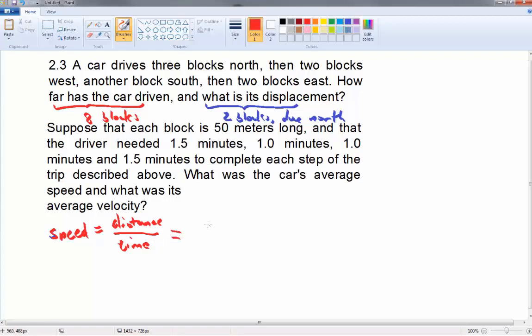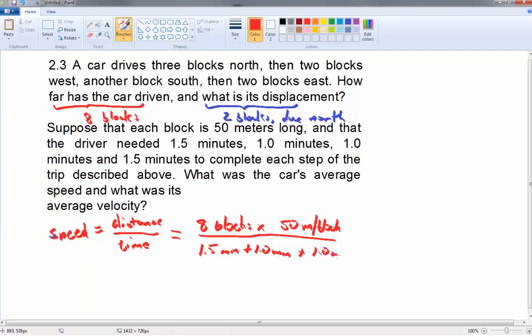So the total distance in this case is 8 blocks times 50 meters per block. And the total time in this case is 1.5 minutes plus 1.0 minutes plus 1.0 minutes plus 1.5 minutes.